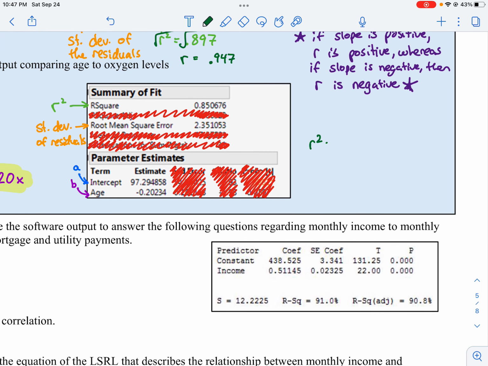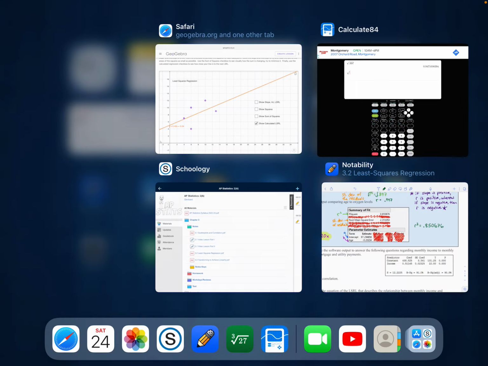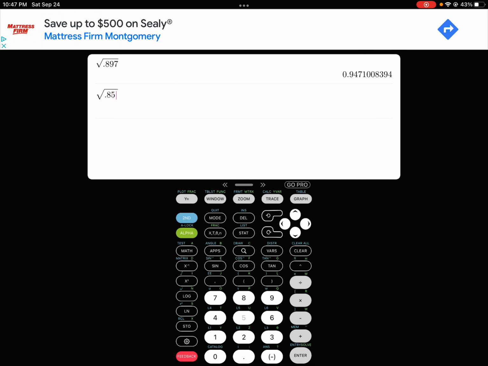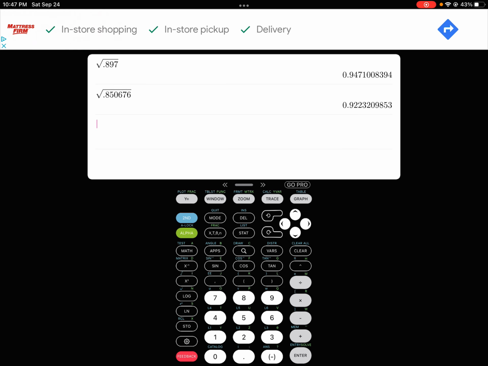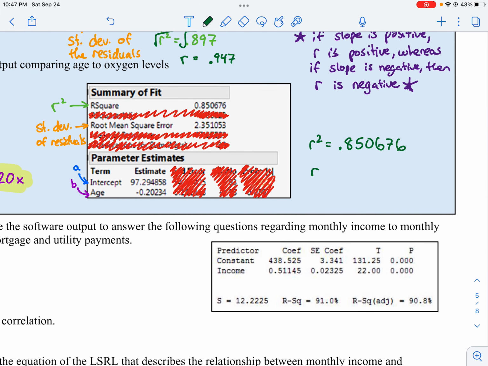Well, again, R squared is equal to 0.850676. So if I want to know what R is, then I just need to take the square root of 0.850676, and I get 0.922. But remember, it could be plus or minus because we introduce that square root into the problem.